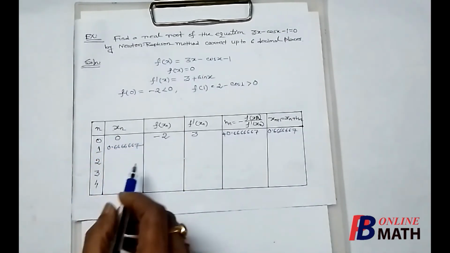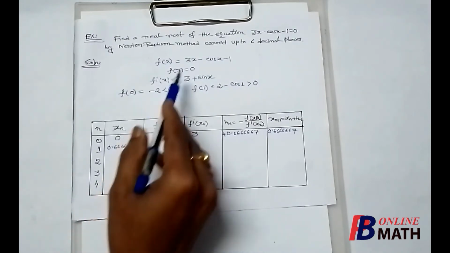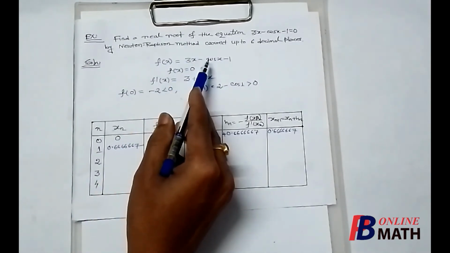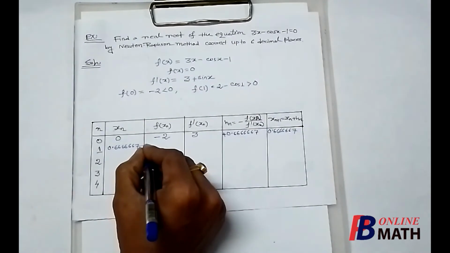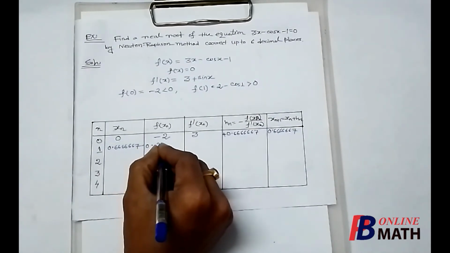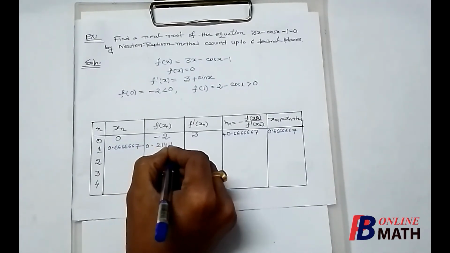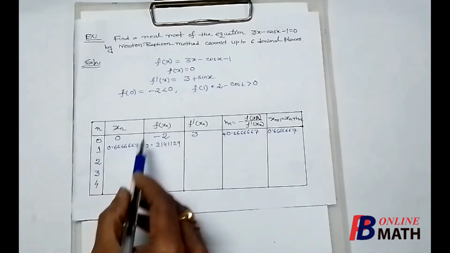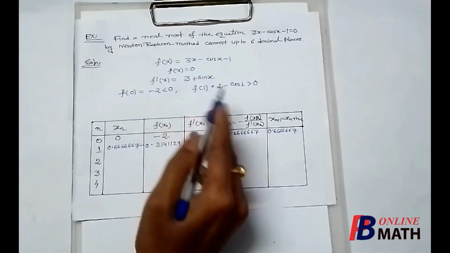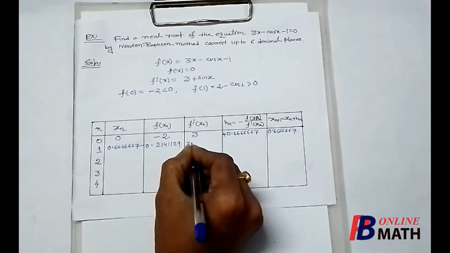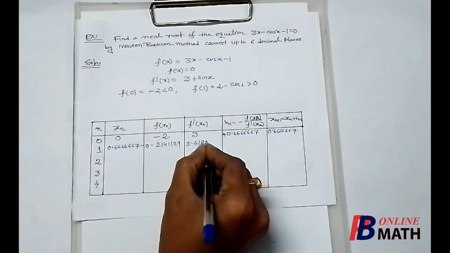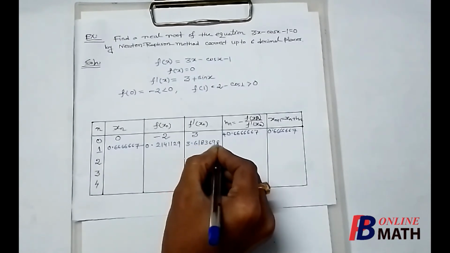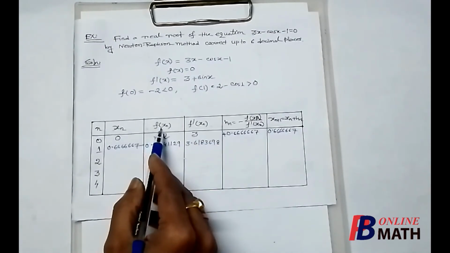Now if we put x equal to this value in this function, then using the calculator we can find that this value is 0.21411129. And if we put x equal to this value in this function 3 plus sin x, then we shall get 3.6183698.